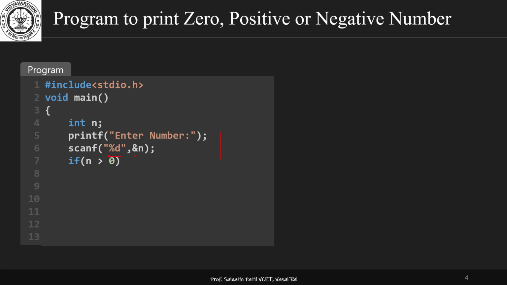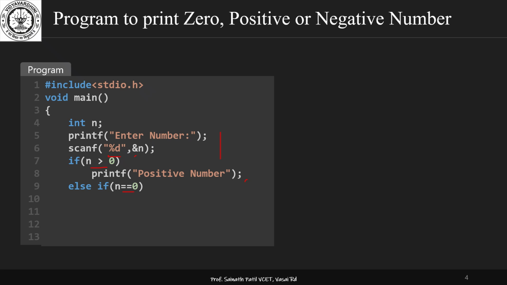Now we'll check if n is greater than 0. If it is greater than 0, that means it is positive, so we'll printf "positive number". Here there is a single statement, so there is no need to use open and close curly brackets. Else we check another condition, n equal to 0.